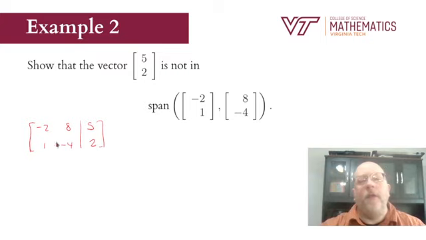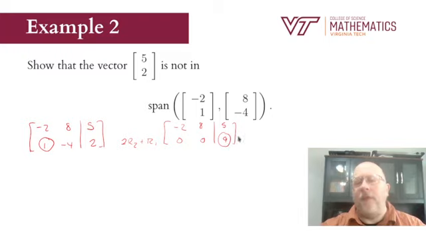And when we put this in echelon form, I want to take 2 times row 2 and add that to row 1. 2 plus -2 is 0. -8 plus 8 is also 0. And 4 plus 5 is 9. And now we have a leading entry in the augmented column. This tells me that there are no solutions.